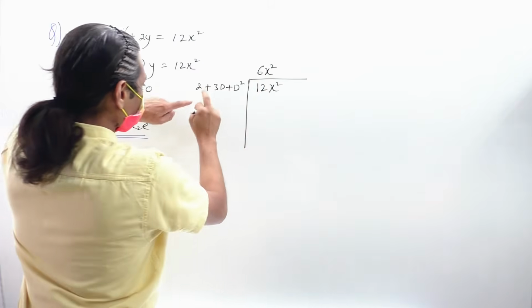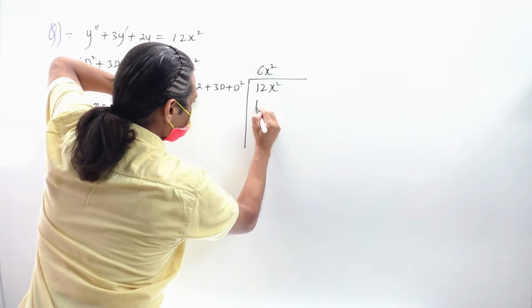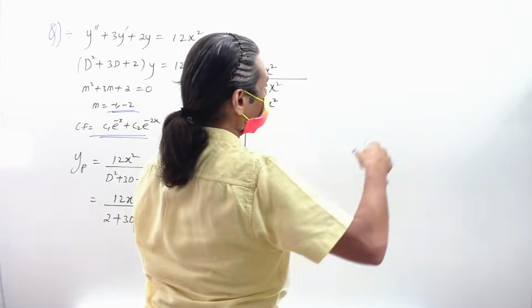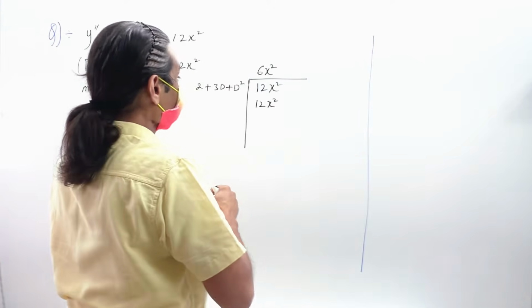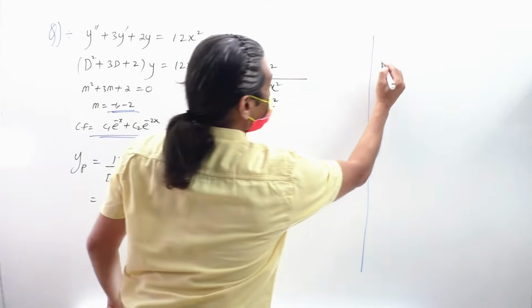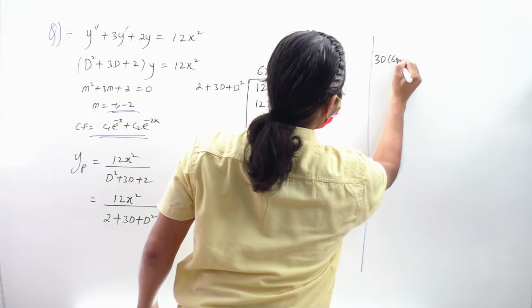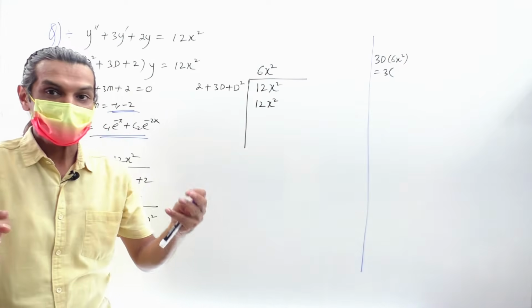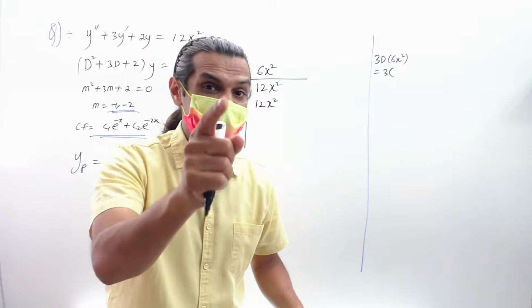Now simply keep on multiplying. 2 into 6x square is 12x square. 3d into 6x square: 3 into d, and into d means differentiation.